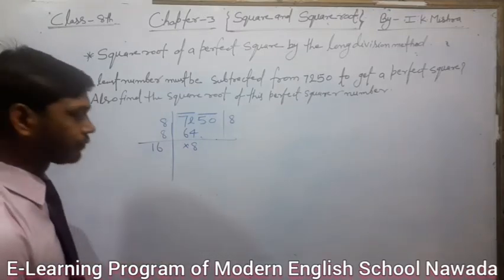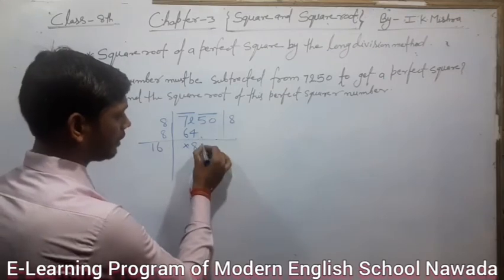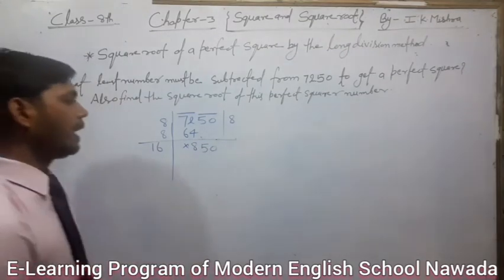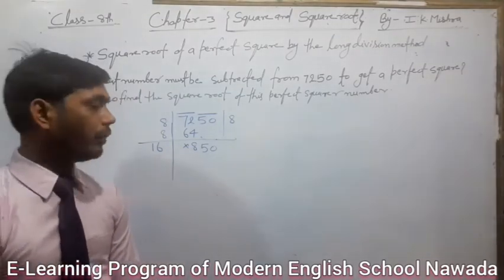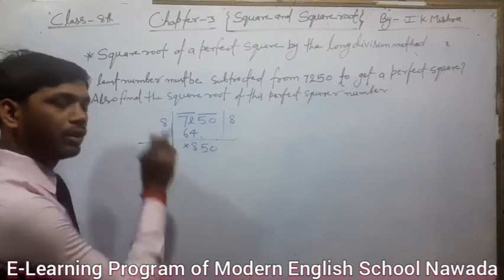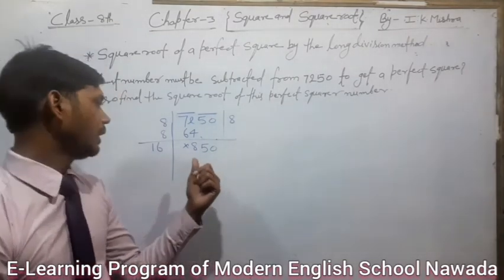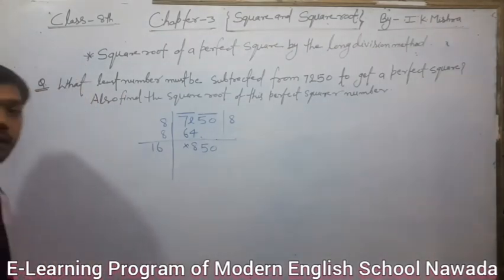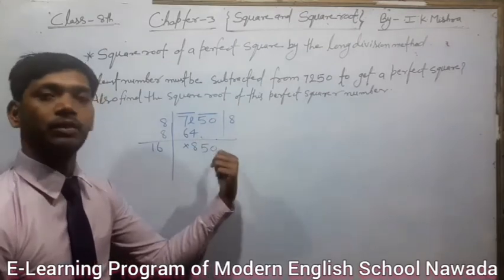After that, write all these numbers, 50, and you have to think by which number we divide here to get just below 850. If you divide it by 7 times, it will be greater than 850.